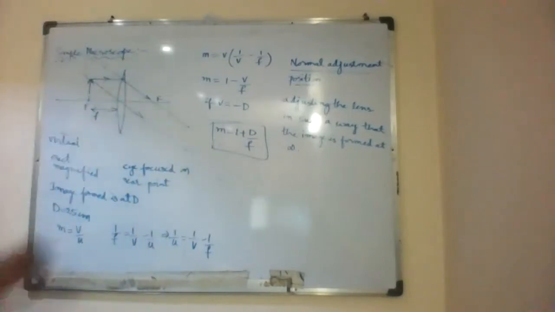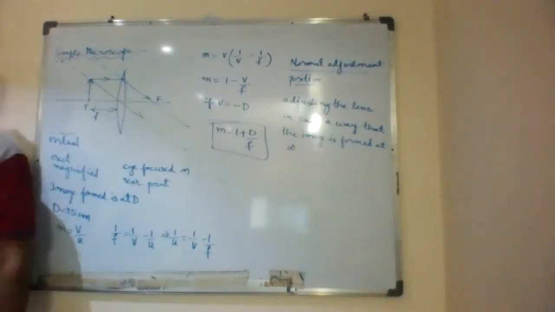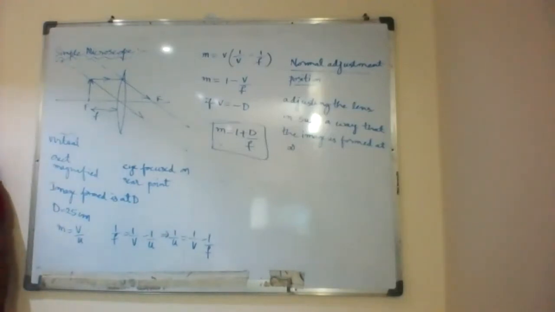If extended backward also, they are parallel to each other. In the previous one it was not like that; the rays were slightly diverging, so they met at a point backward. But in this case, we are adjusting the lens in such a way that the image is formed at F. Actually, to be frank, the first figure is the sixth figure and this is the fifth figure of last year.